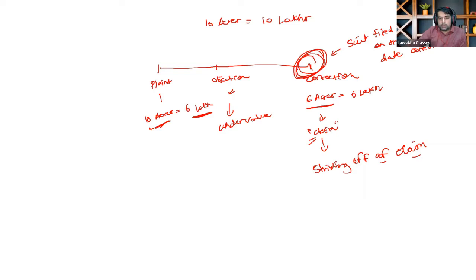Striking of claim changes the nature of the suit because the main thing that is claimed, that is reduced. So the moment that is reduced, the nature of the suit is changed. जो main चीज आप मांग रहे थे, वो आपने कम कर दी, तो automatically nature of the suit is changed. So that is the reason in that case, your doctrine of relating back will not apply. So here, doctrine of relating back will not apply.